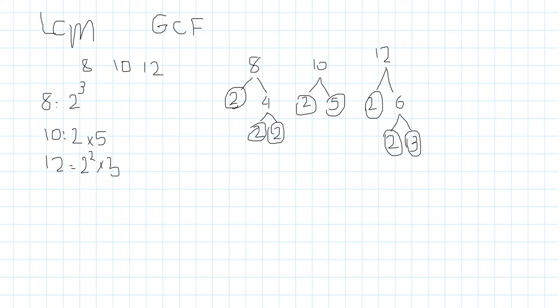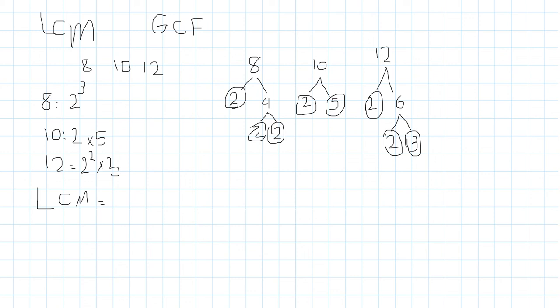So now I need the LCM. For the LCM I should look between them at who has the biggest exponent. You see we have three 2s, so one of them has the exponent 3, one has the exponent 2, and one has the exponent 1.